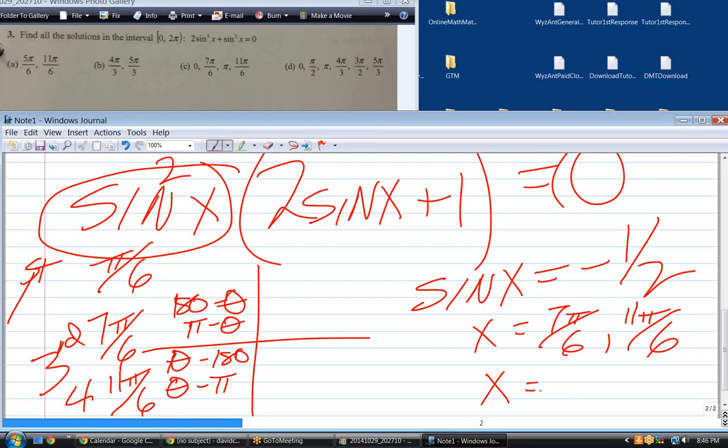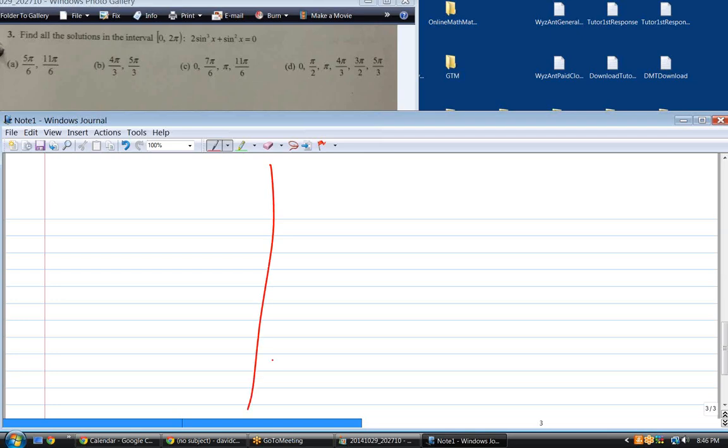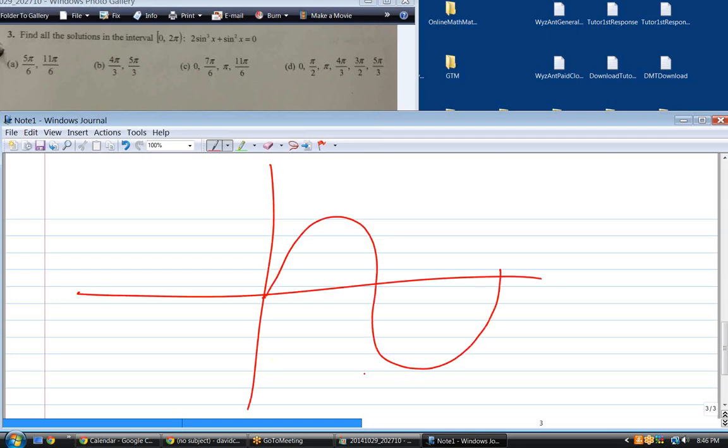Where is the sine equal to 0 in the unit circle? 0. Just 0? In other words, if I graph the sine function, it's equal to 0 there and there. So 0 and pi.